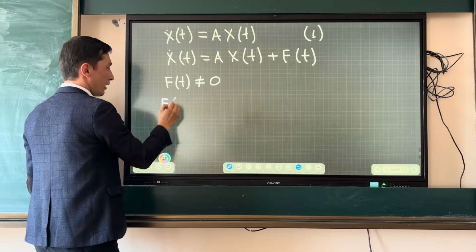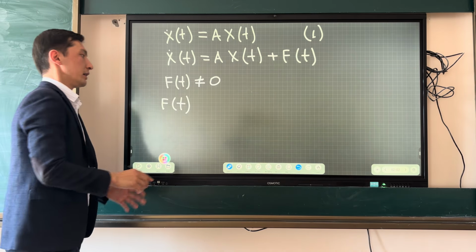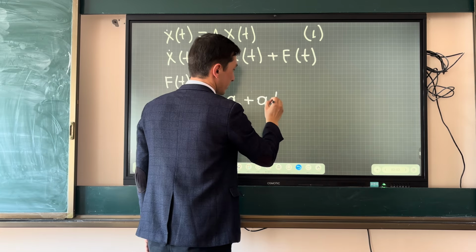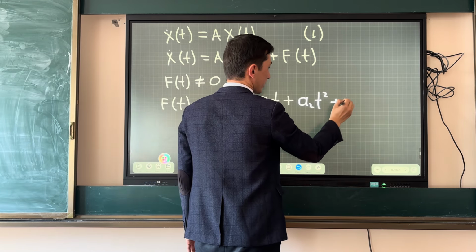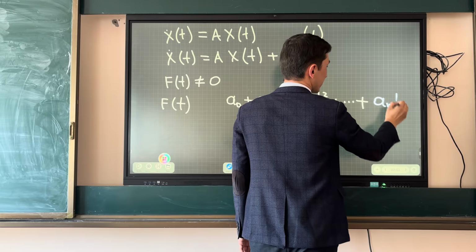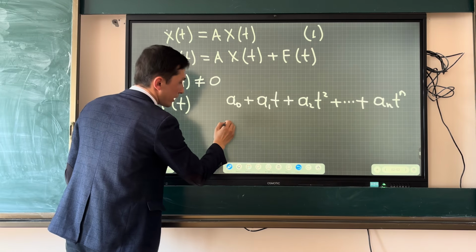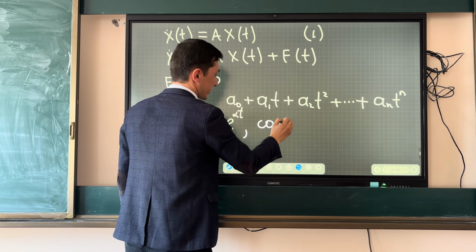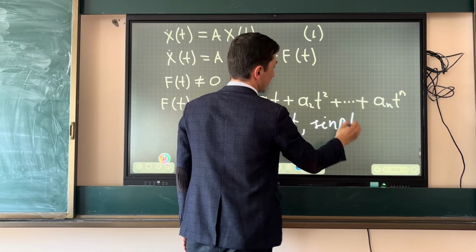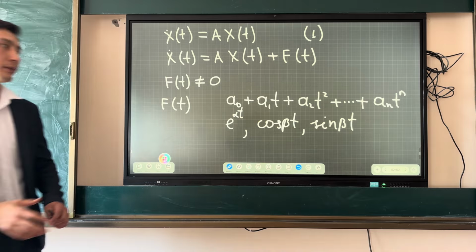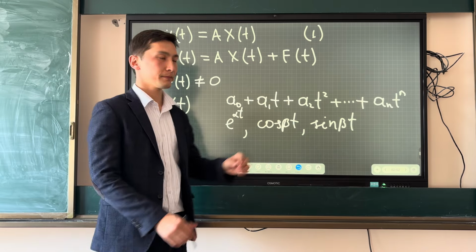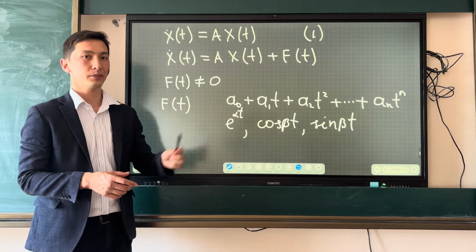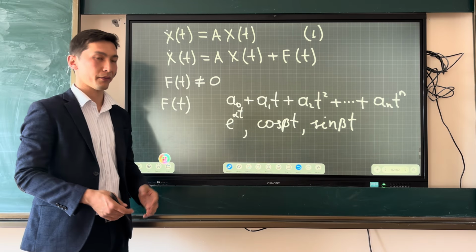If the function f of t is equal to a0 plus a1 t plus a2 t squared and so on up to an t to the power of n, or e to the power of alpha t, or cosine beta t, or sine beta t, or some combinations of these functions, we can find the particular solution of the non-homogeneous system using the method of undetermined coefficients.